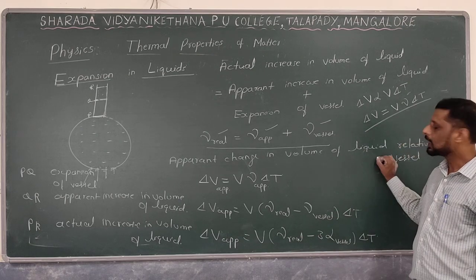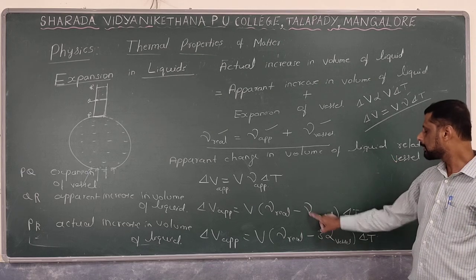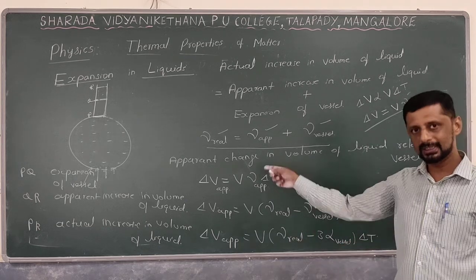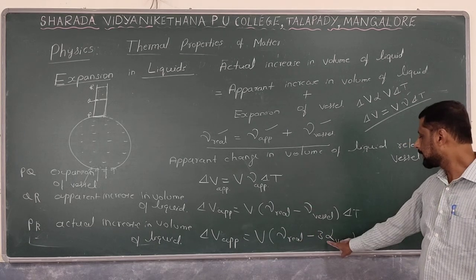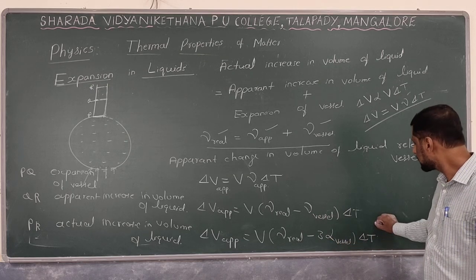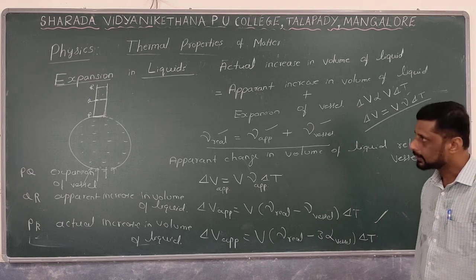Alpha is to beta is to gamma is equal to 1 is to 2 is to 3. If the value of alpha for a vessel is given, then instead of gamma you can write 3 alpha into delta T. This is the formula that can be used to calculate the apparent increase in volume of the liquid.